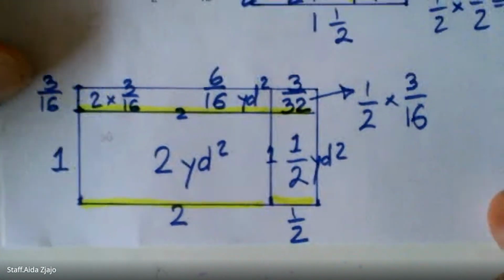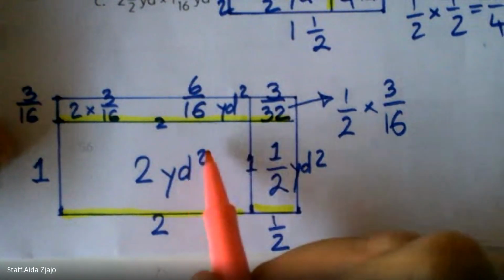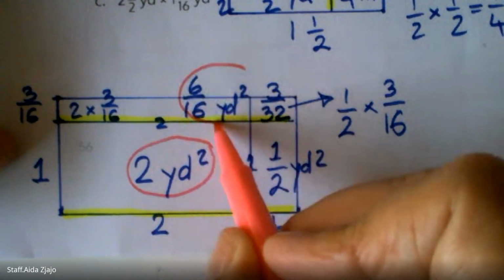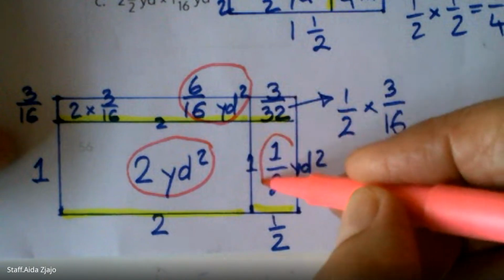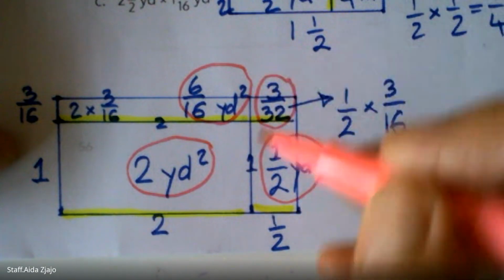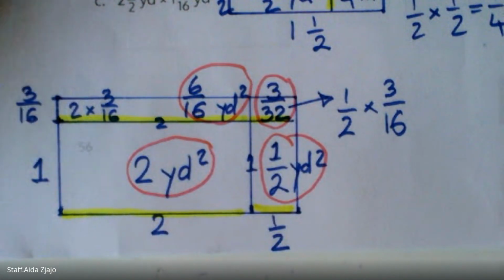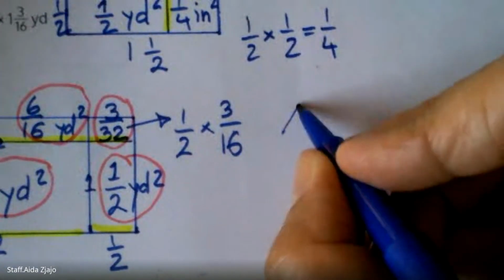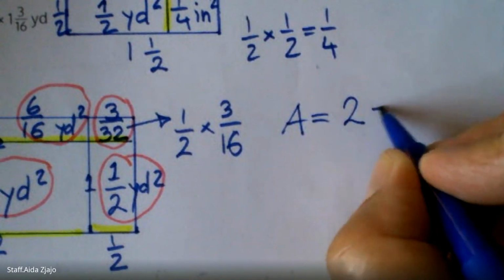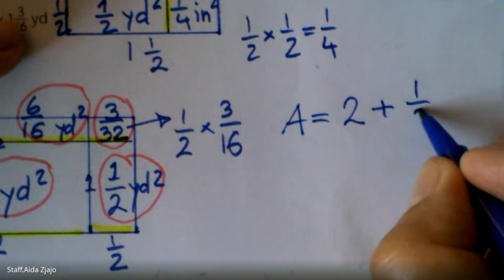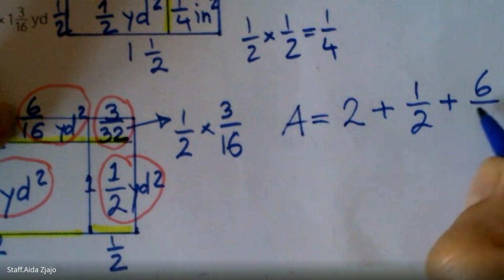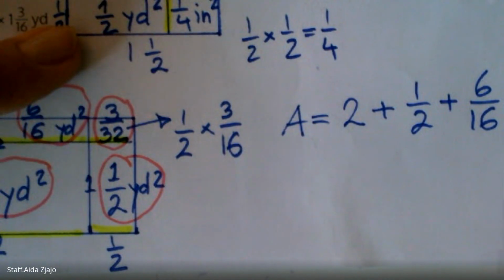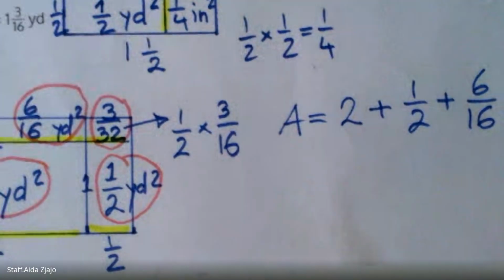So now all we need is to add each rectangle's parts together. Area equals 2 plus 1/2 plus 6/16 plus 3/32s.